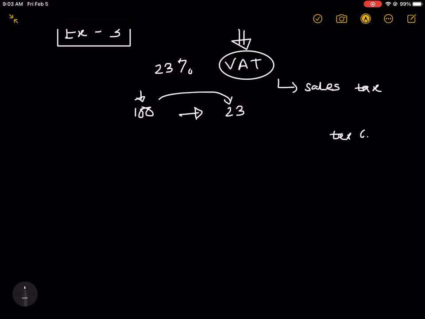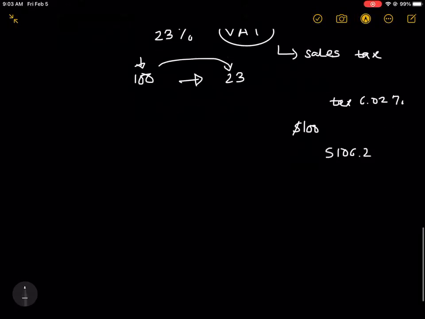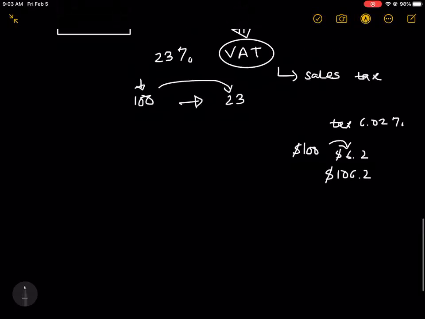I guess it's 6.02% in Wyoming. So if you buy something worth $100, you are actually paying $106.2. That extra $6.2 is the sales tax. So that's similar. This VAT is kind of similar, although it has different significance.